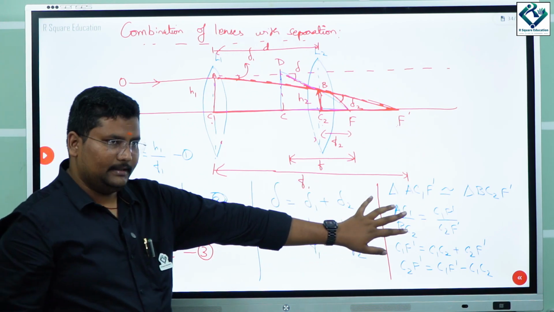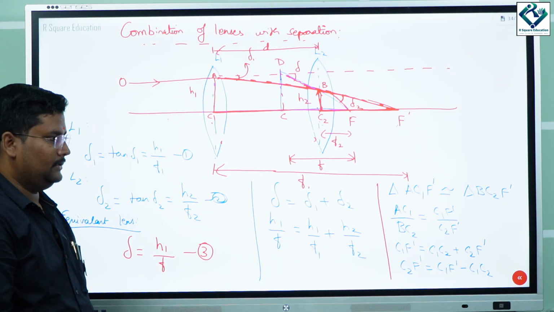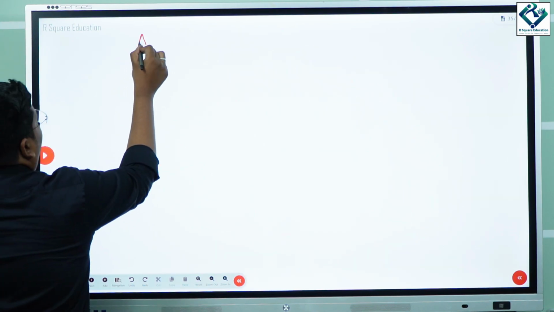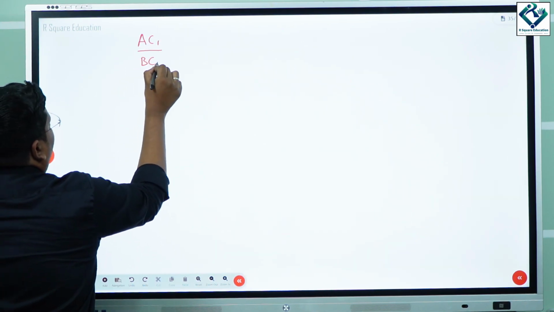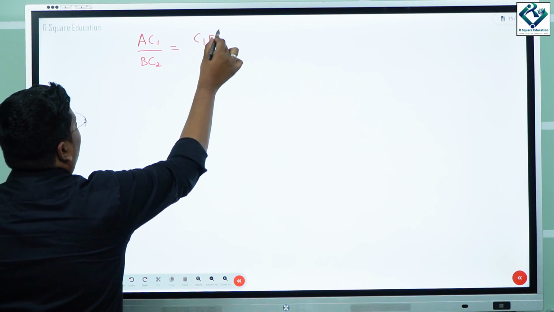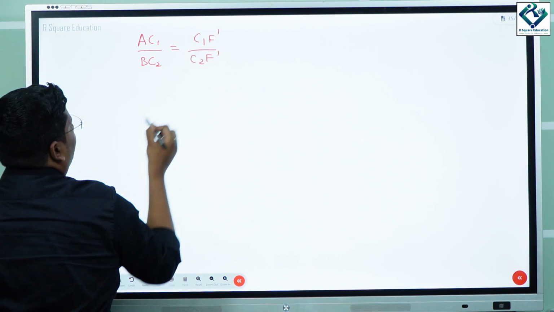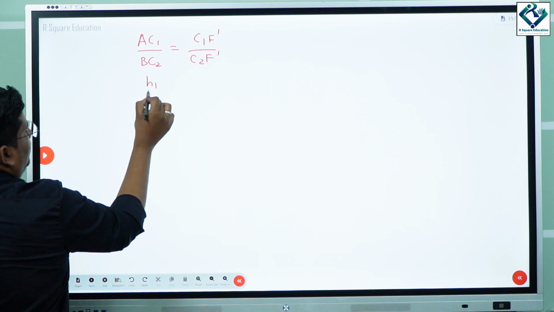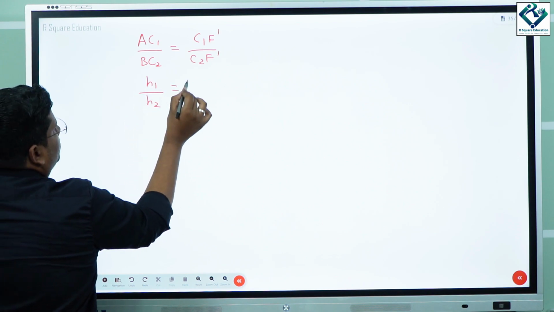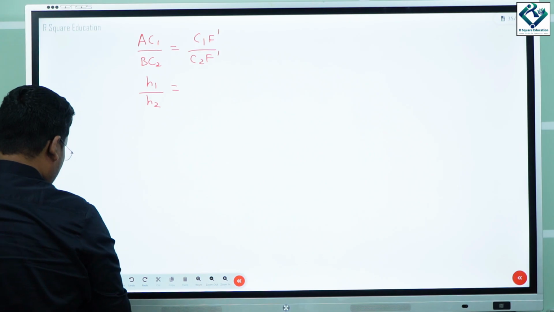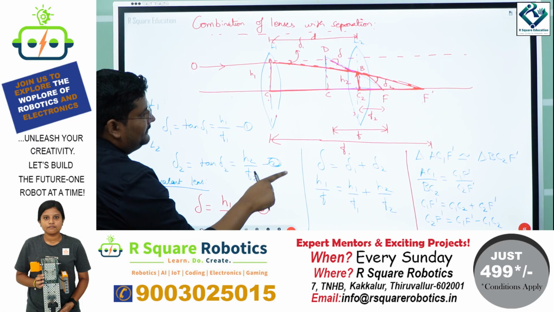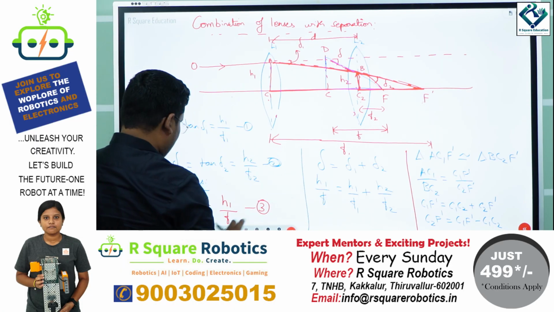Can I substitute that? Then see what comes. AC1 is H1, this is H2, equal to C1F dash, which was F1 minus D. Correct?